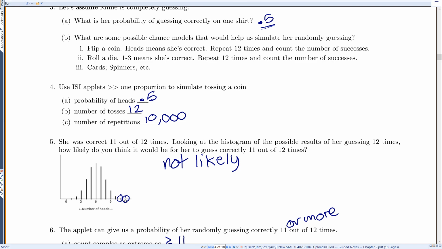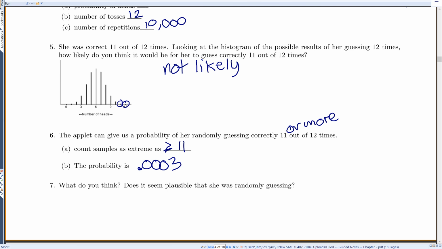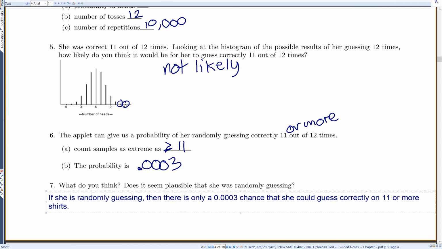what do you think? Do you think it's probable or plausible that she was randomly guessing? Let's make ourselves a note that says something like this. If she was randomly guessing, we're assuming she's randomly guessing, then there's only a 0.0003 chance that she could guess correctly on 11 or more shirts. That does not seem plausible at all.